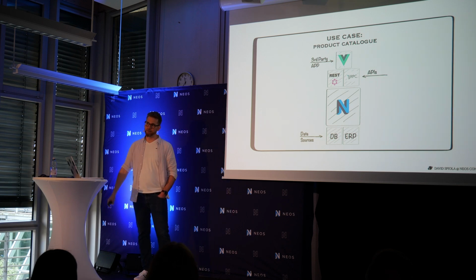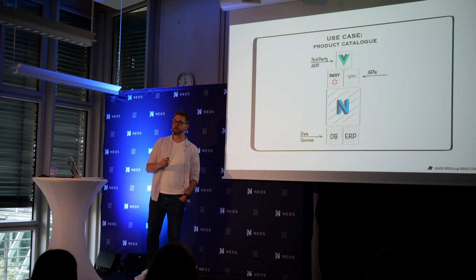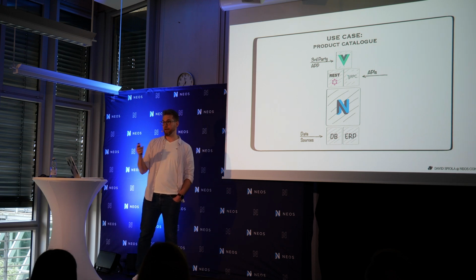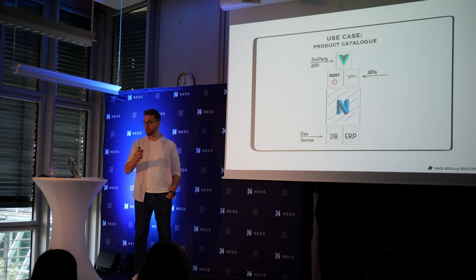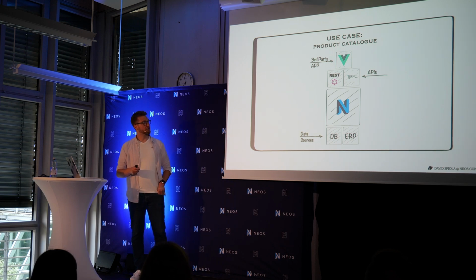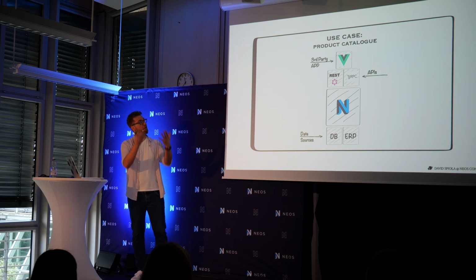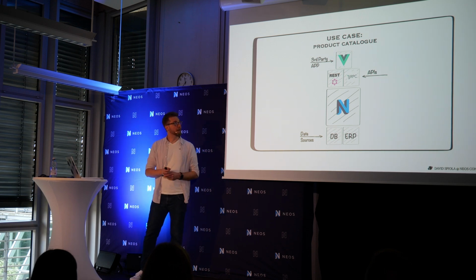Then you get this information via API into Neos, and then you add all your marketing material, like let's say you have a different image for a different market or for a different language or whatsoever. So you basically enrich that information you get, and then you can again feed it out to, in this case, a Vue application.